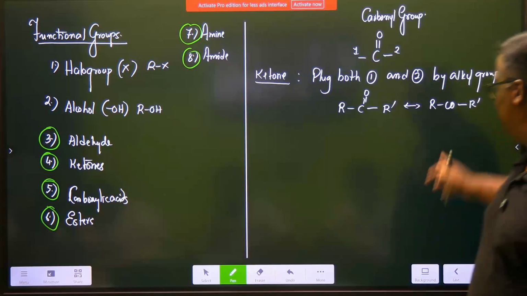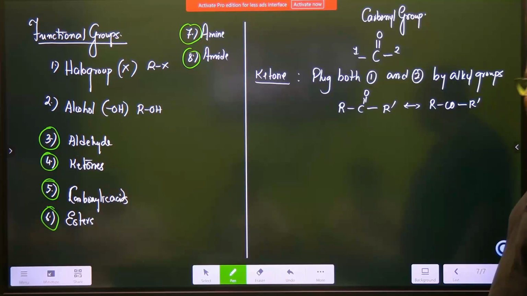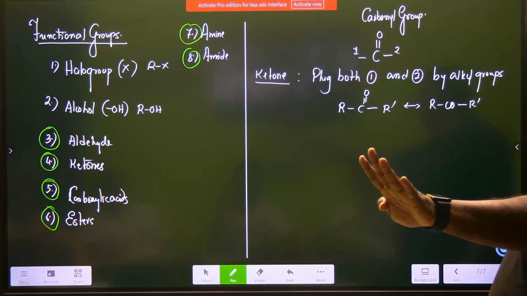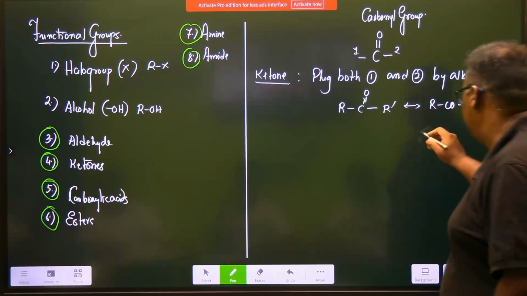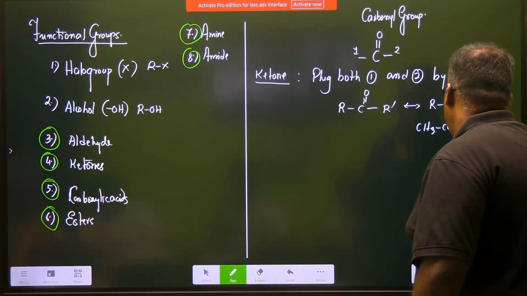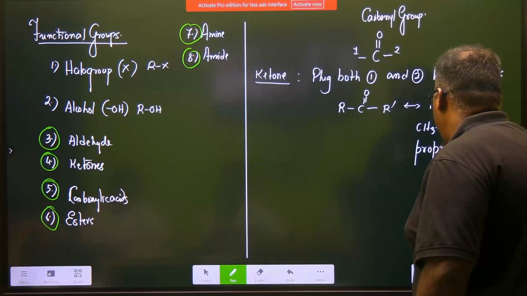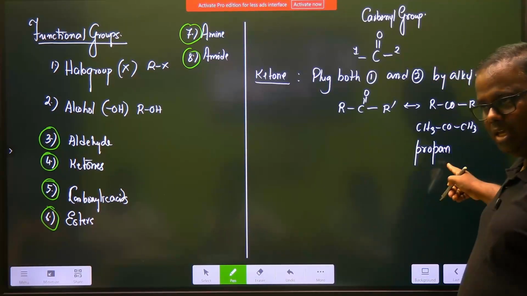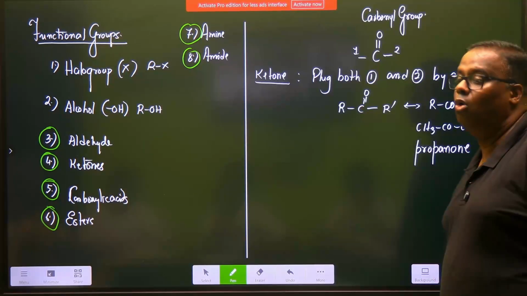Propanone. CH3COCH3. How many carbon atoms? 3 carbon atoms. So it will be called, 3 means prop, and propane, see, 3 means it's like this: CH3COCH3. So what is the name? Propane, the e changes with one.